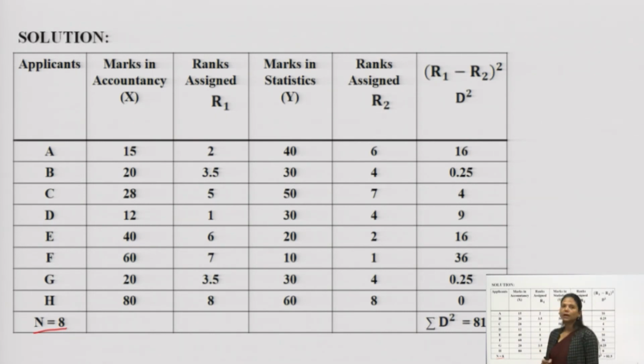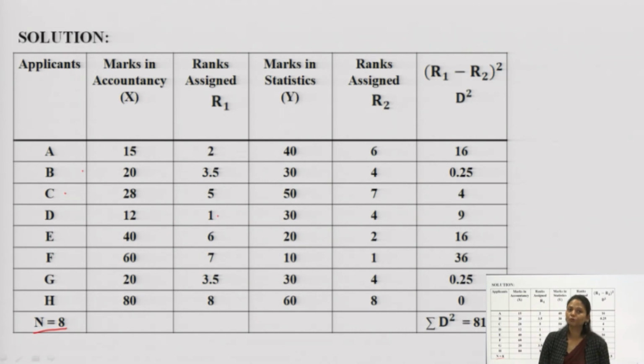So, the least marks gets rank 1, whereas the highest marks gets rank 8. Why only 8? Because n is 8. I have given rank 1 to 12, that is applicant D, because D has obtained the least marks in accounts. After 12, I have 15, so to applicant A I have given rank 2. But applicants B and G both have the same marks in accounts.